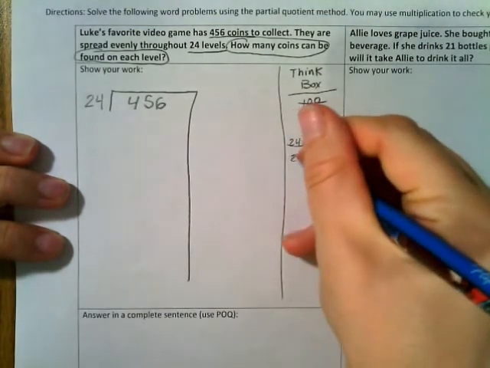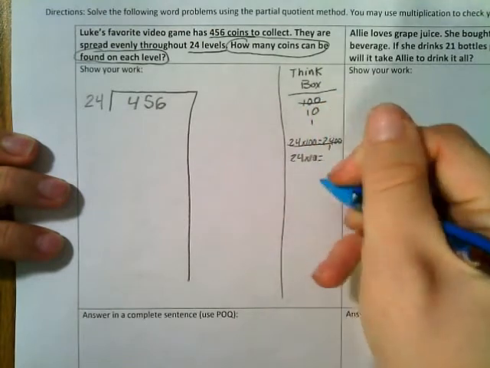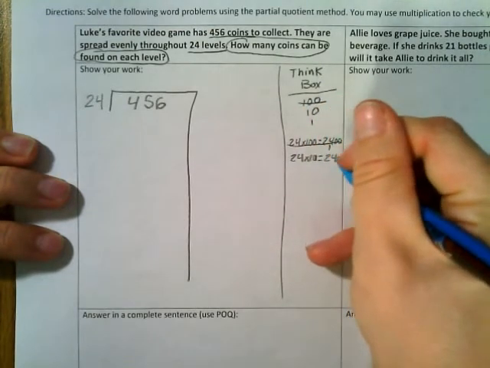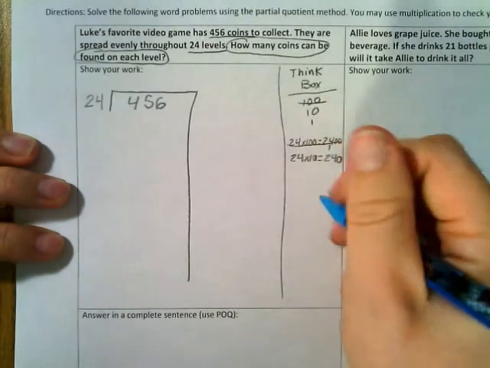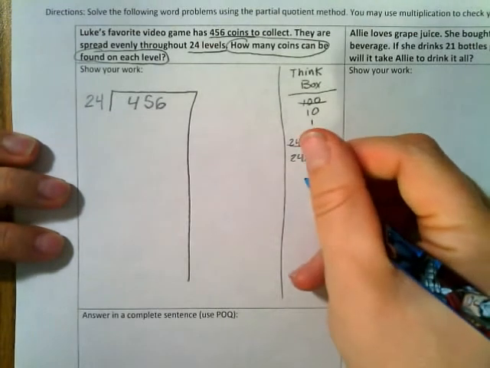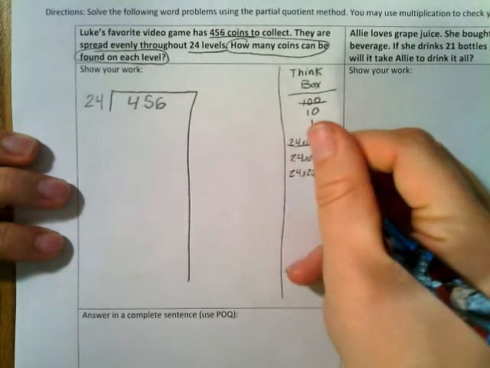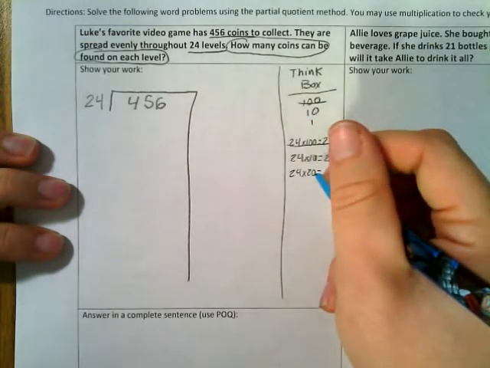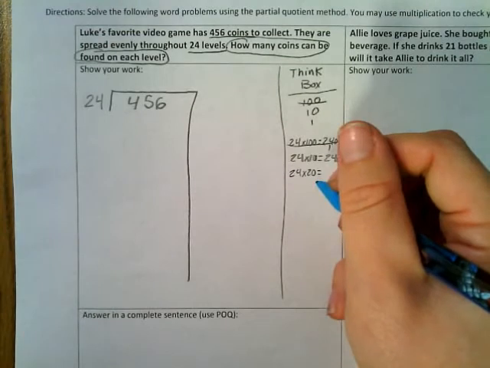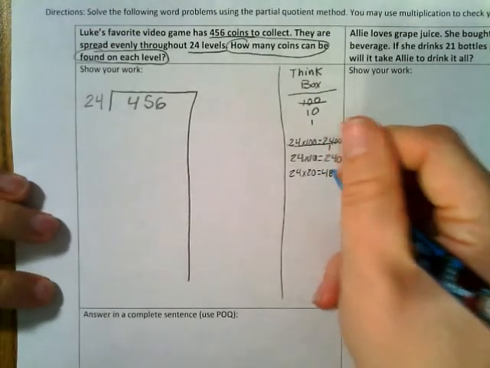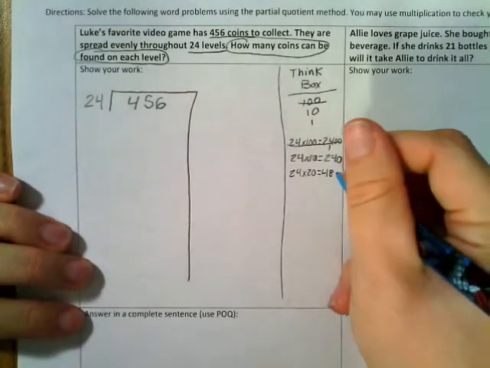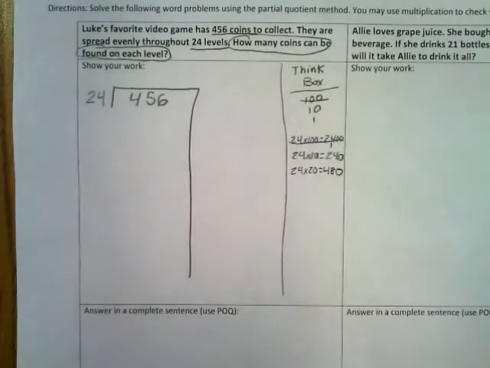Well, I know that 24 times 10 equals 240. I wonder what 24 times 20 would be. I can't really do that in my head, but I can do 24 times 2. And I know that 24 times 2 is 48. And I'm going to add the 0 on the end because that's not a 2, it's a 20.